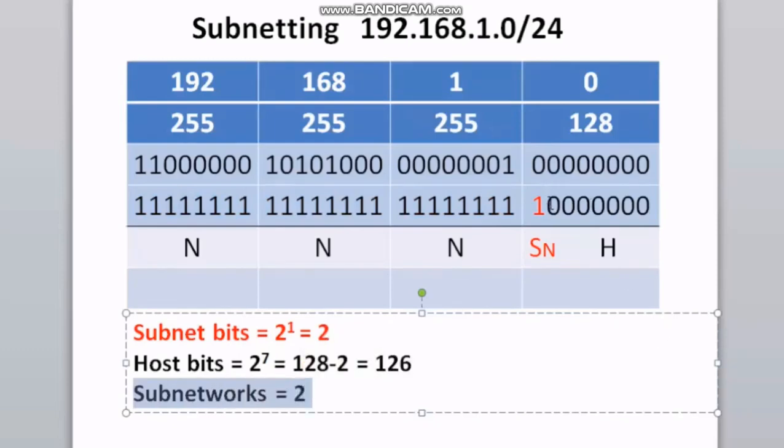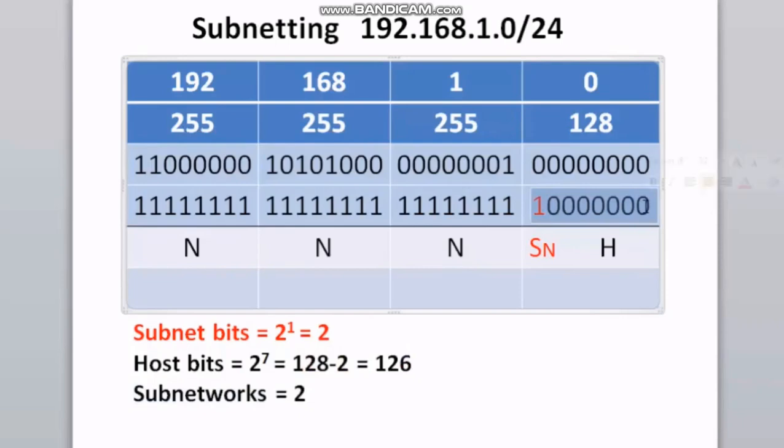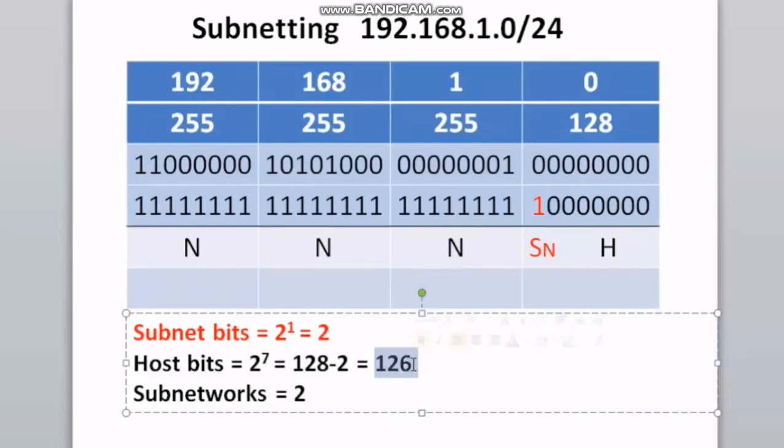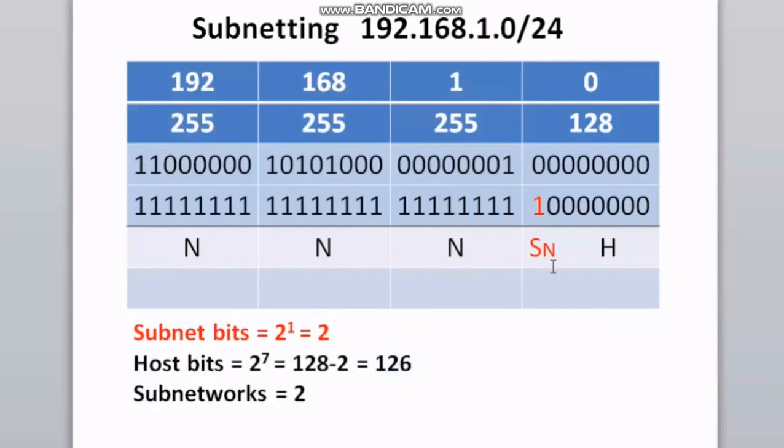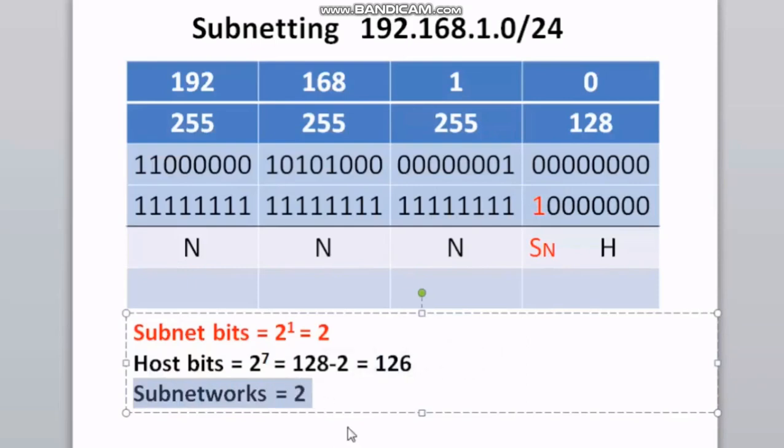For host bits, we have 7 zeros now, so 2 to the 7th power, or 128, minus 2 for the network address and the broadcast address, leaving us with a total number of possible hosts on the subnets of 126. So by borrowing 1 bit from the host portion of the address, we create 2 subnetworks, each with 126 hosts.